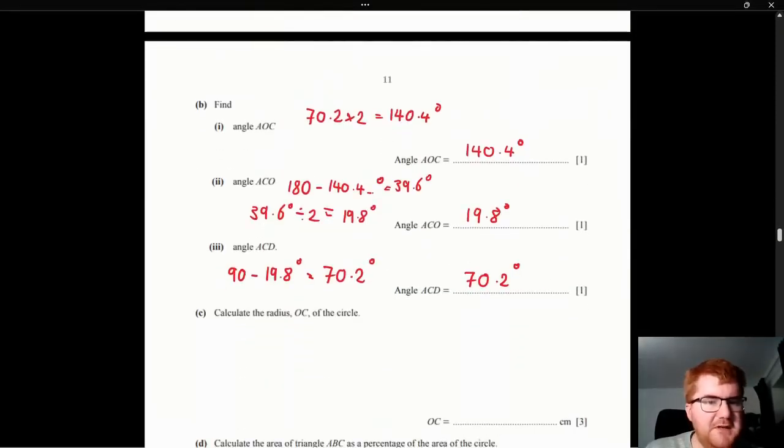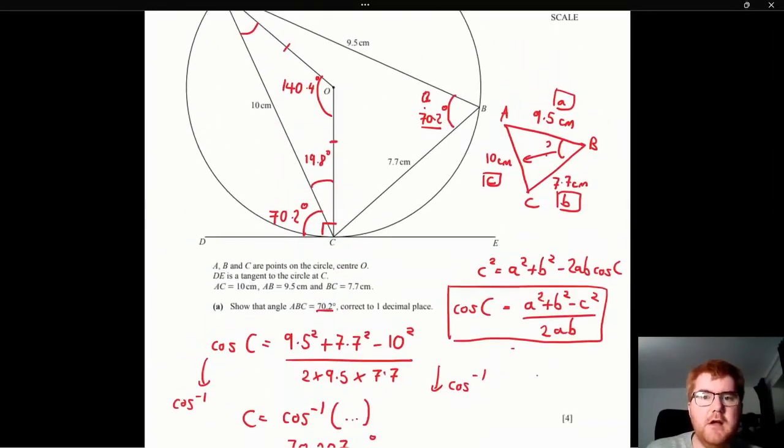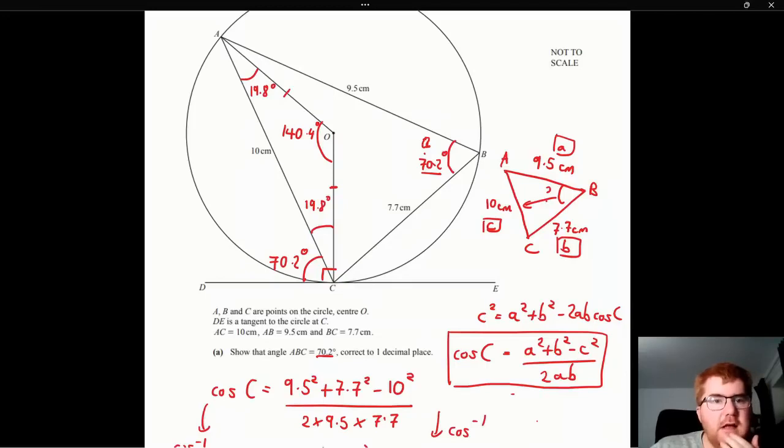Okay, and from there we need to calculate the radius of the circle. So we need to calculate OC here. This is also 19.8 degrees. We've got this here at 10.